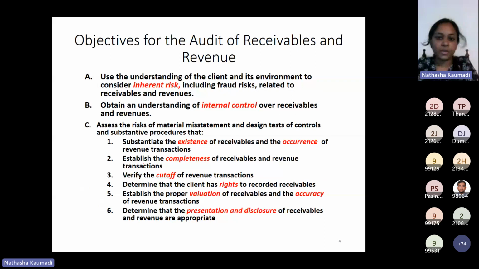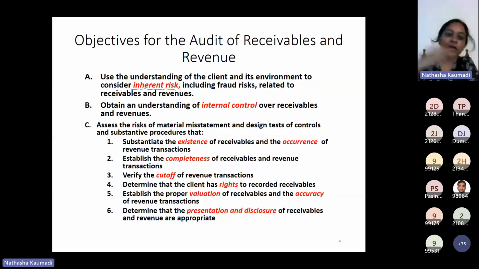What are the objectives? Now, first of all, you need to use the understanding of the client and its environment to consider the inherent risk. So previously I also mentioned in order to compute the audit risk, you need to understand three risks basically: inherent risk, control risk, and detection risk. So in order to understand the inherent risk, you should understand the environment first, the business organization first, the client first.